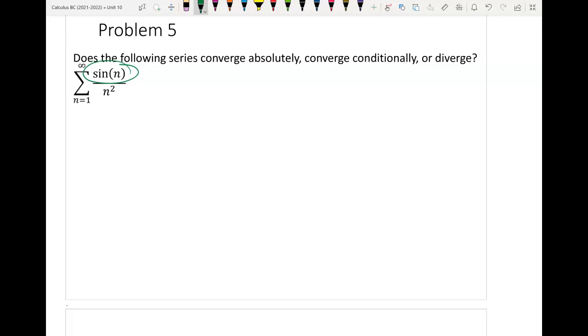And so this one kind of alternates in the fact that we have positive and negative terms, but it's not alternating because it doesn't follow the pattern of positive, negative, and so forth.